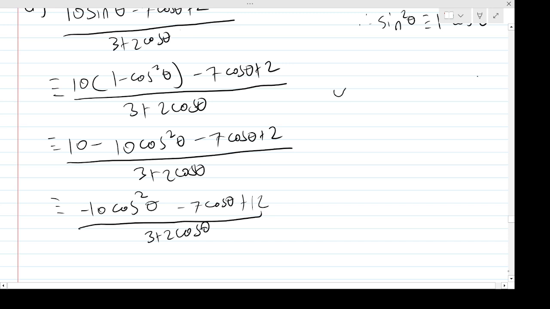If I said that u is cos theta, then this numerator is minus 10u squared minus 7u add 12. We can factorise this.